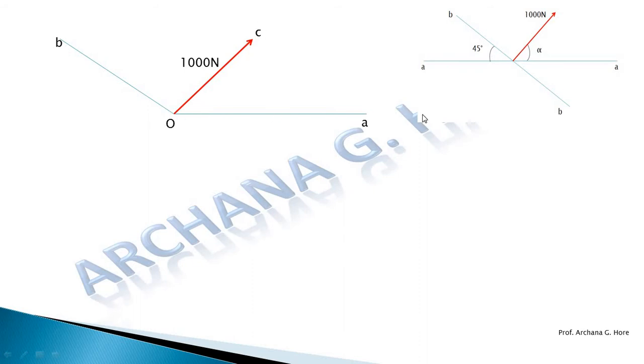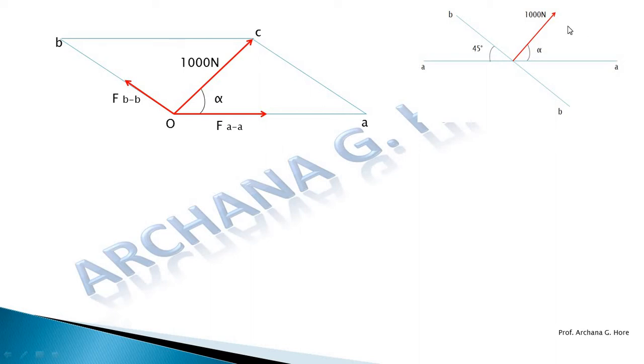Split this force along OA and OB. So draw a parallel line to OB and a parallel line to OA on this side. Again, the original force divides that parallelogram into two triangles. So find the angles of the triangles. Suppose these are the two components along OA and OB.